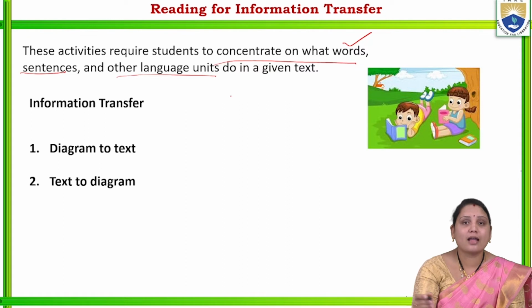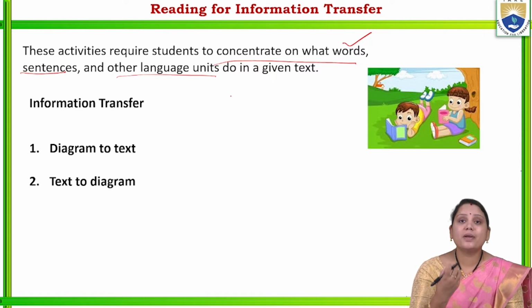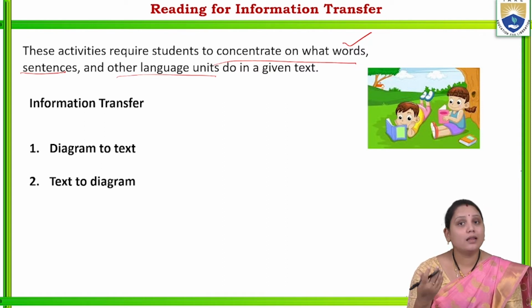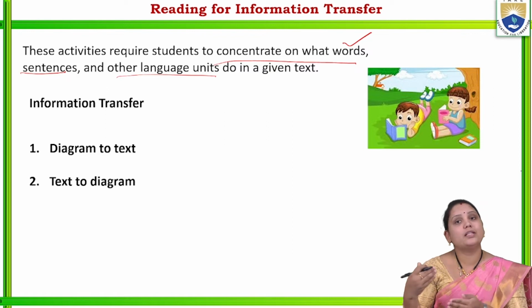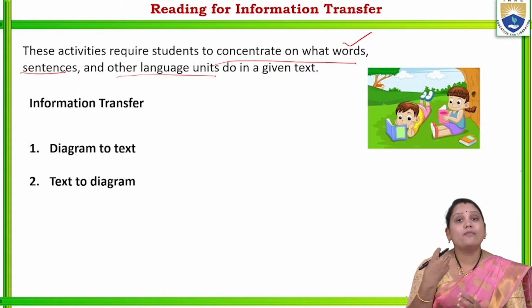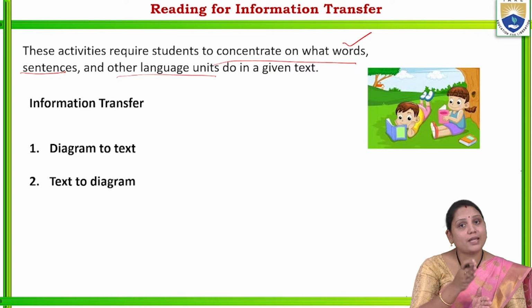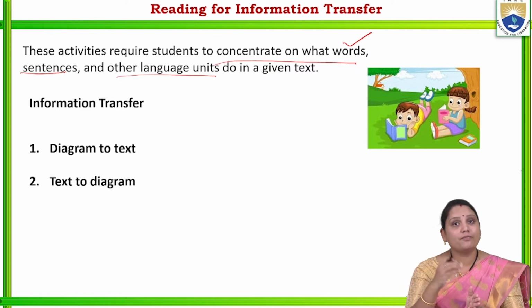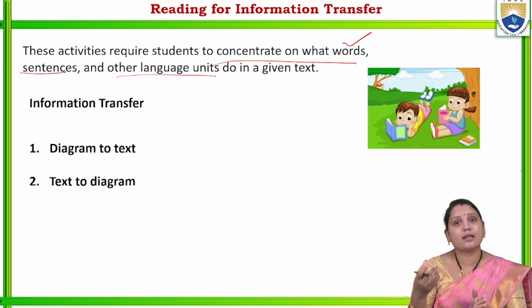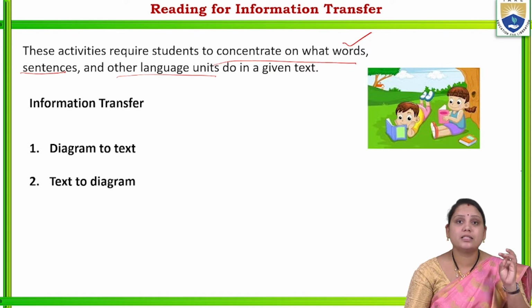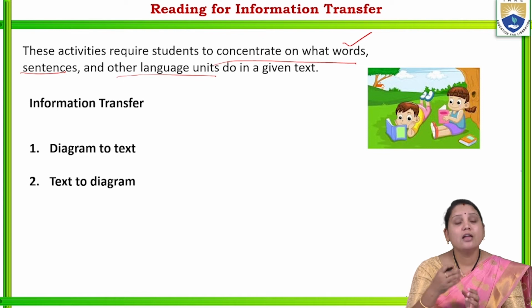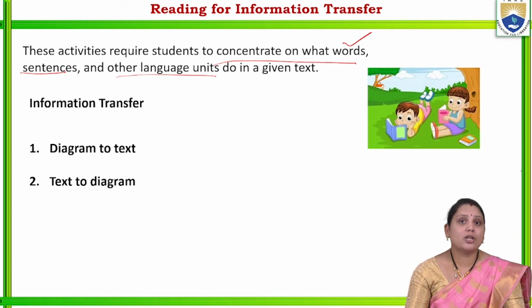Next, other language units. If you want to represent other concepts, you can do it in the form of a diagram. So, while making information transfer from text to diagram, you have to remember these three elements, that is words, sentences and other language entities, which will help you make your pictorial representation better.